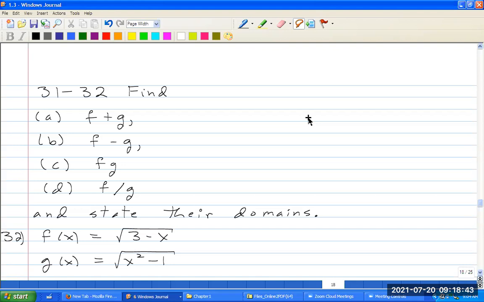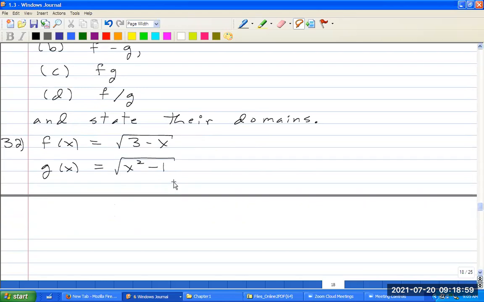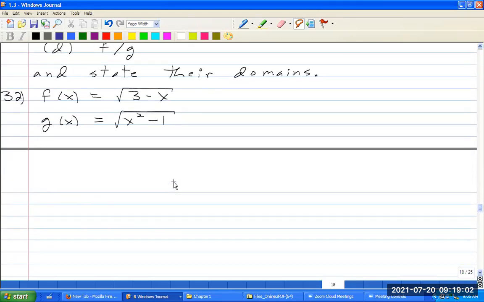I used the line with 1 dot above, 1 dot below, but obviously this is also another notation for division. And state their domains, where f of x is equal to the square root of 3 minus x, and g of x is equal to x squared minus 1.